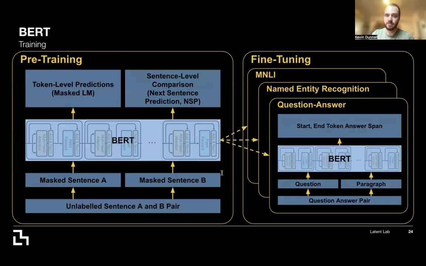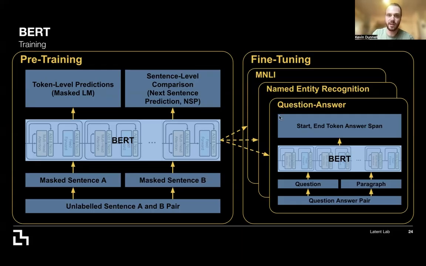So multi-genre natural language inference, MNLI, is basically predicting the relationship class between a pair of sentences. Named entity recognition is basically identifying the types or parts of speech of different items within a sequence. And question answering is basically passing in a passage with a question and trying to get the answer as a result.